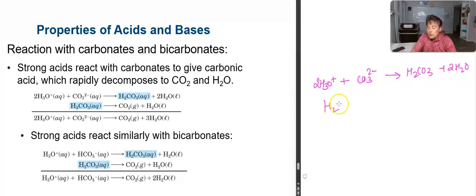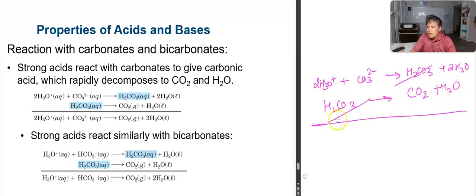But carbonic acid H2CO3 rapidly gives you CO2 plus H2O. So the overall reaction will be, this cancels, 2H3O+ plus CO3 2 minus gives you 3H2O plus CO2 gas.